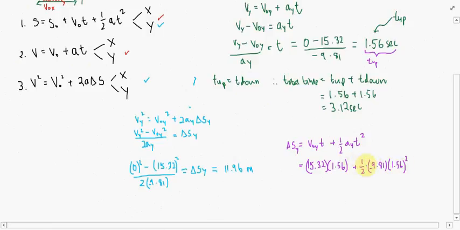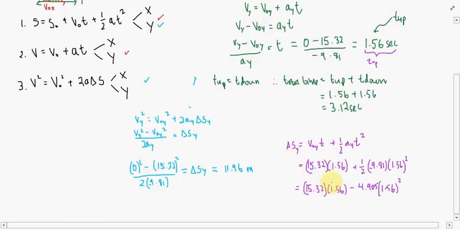So 1/2 times 9.81, I'm just going to rewrite this one more time. So it's going to be 15.32 times 1.56 minus 4.905. Half of 9.81 is 4.905. And like I said, a positive times a negative is this, times this 1.56 squared.